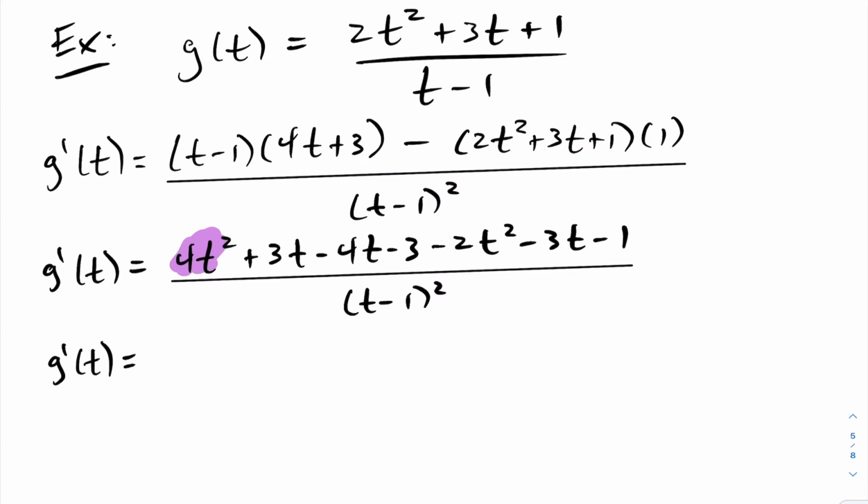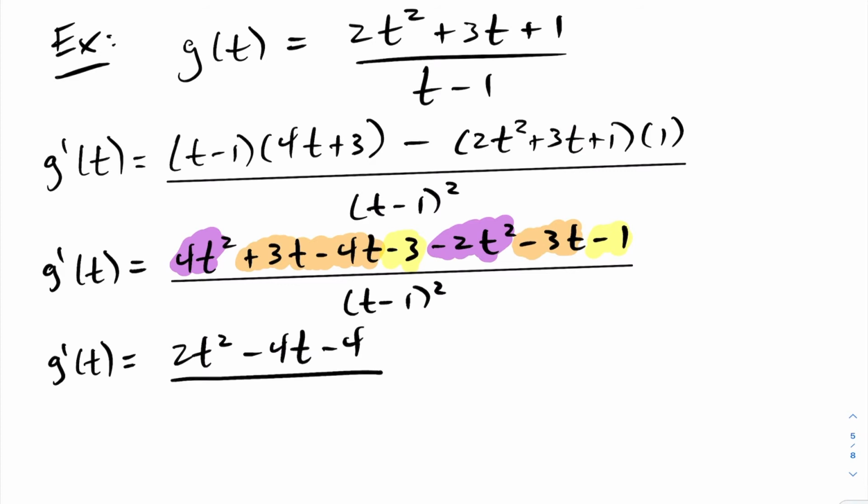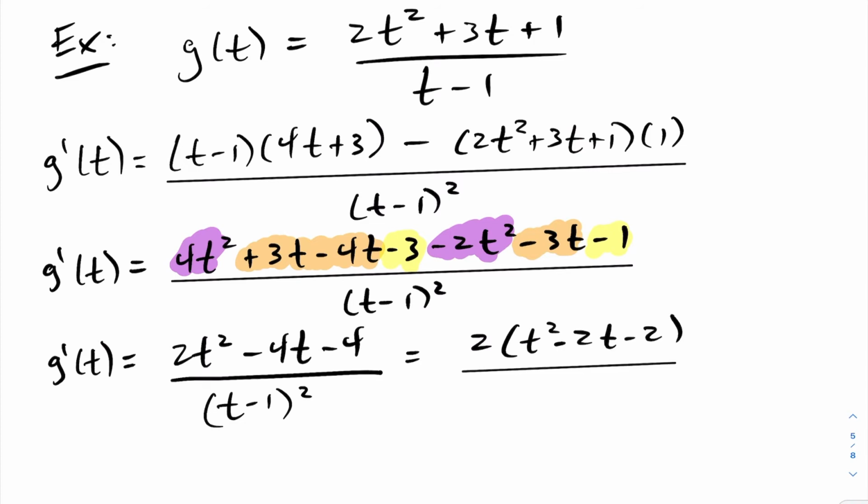Collecting like terms here, we get 2t squared minus 4t minus 4, all divided by (t minus 1) squared. Factoring out a 2, we get 2 times (t squared minus 2t minus 2), all divided by (t minus 1) quantity squared. And now we have here the derivative of this function using the quotient rule.